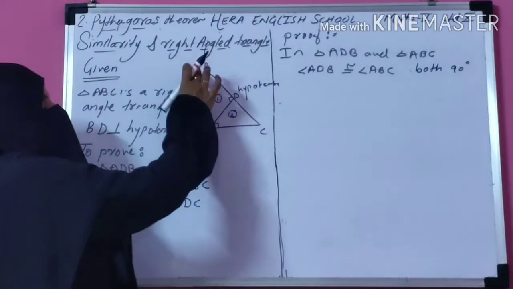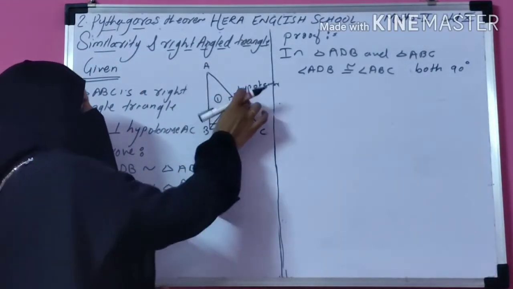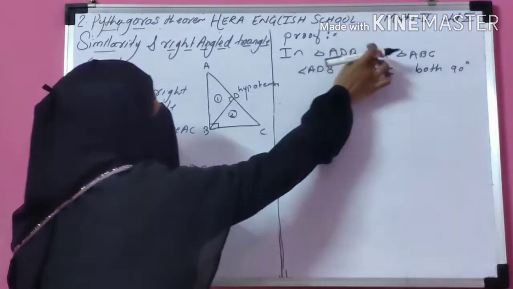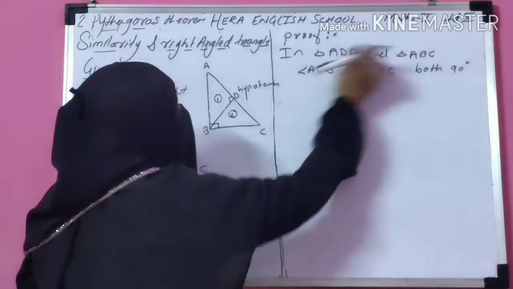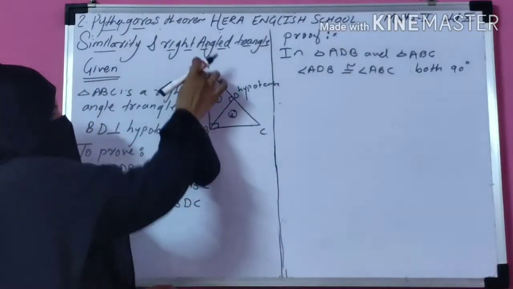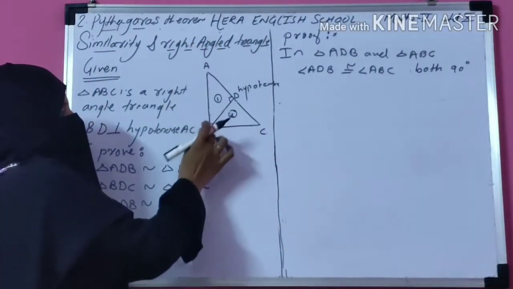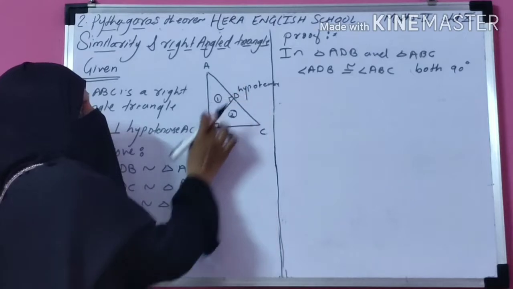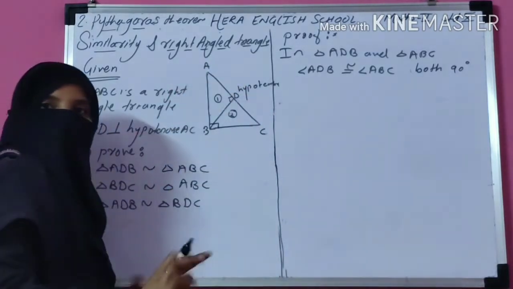Now one more. In triangle ADB and triangle ABC, angle A is common in both the triangles.